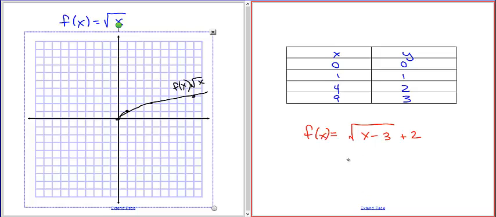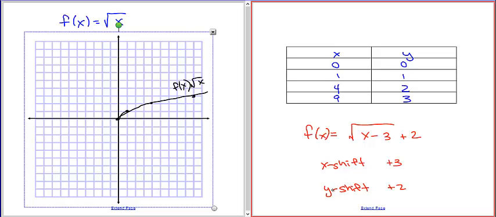So the translations we have. Okay, so what we'll have is a translation. We'll have an x shift plus 3, y shift plus 2.